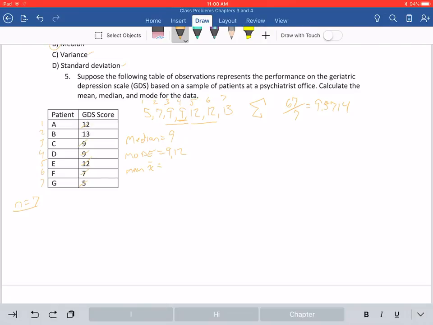9.5714. I highly recommend getting used to going out 4 digits past the decimal spot. Please always go 4 digits past the decimal spot. I know a lot of classes have their different ways of doing things, but 4 digits past the decimal spot, to me, is a great starting point.